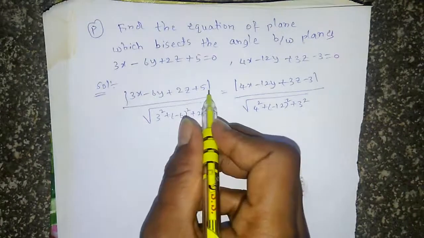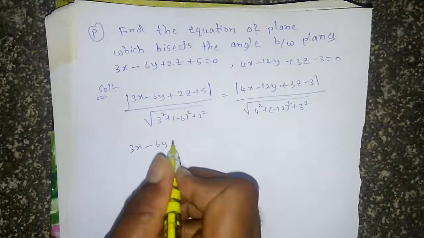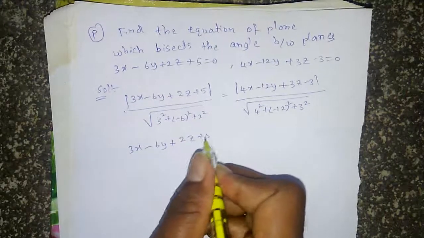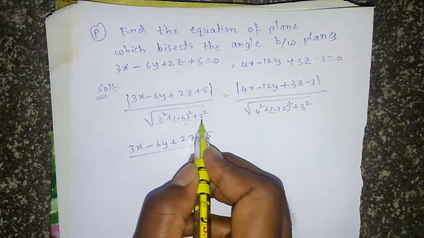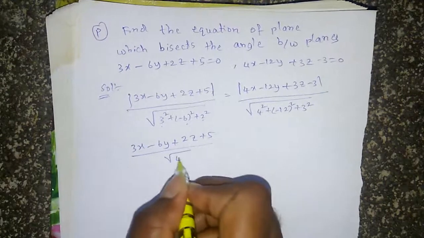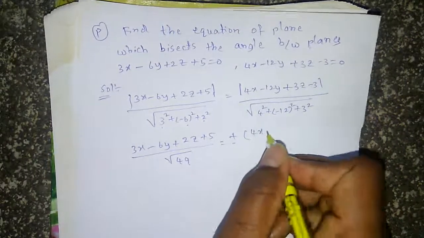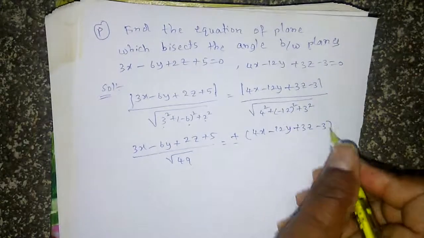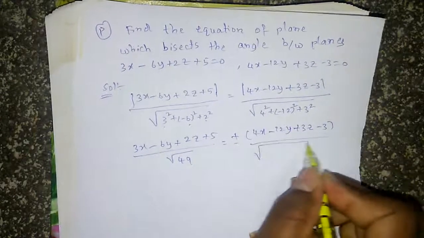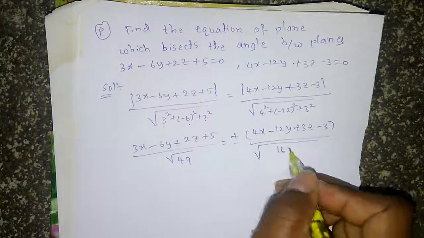So modulus is there. If you remove modulus, you put plus or minus. This is 3x minus 6y plus 2z plus 5 divided by, this is 9 plus 36, 45 plus 4, root 49. This is equal to plus or minus 4x minus 12y plus 3z minus 3 divided by root of 16 plus 144, 160 plus 9, 169.